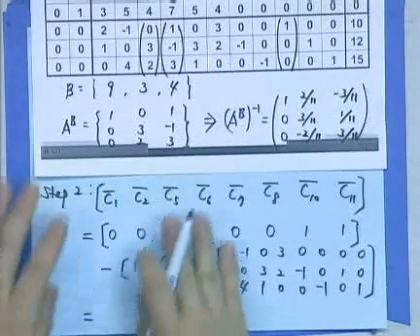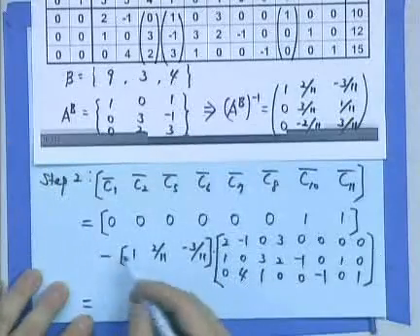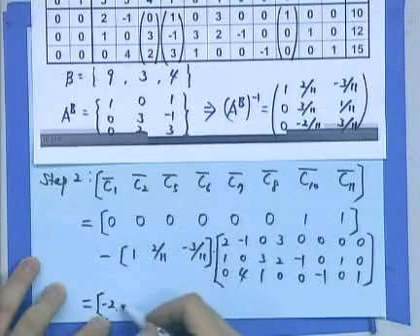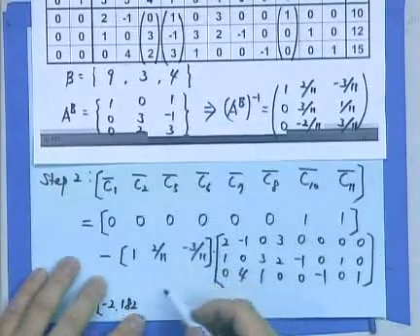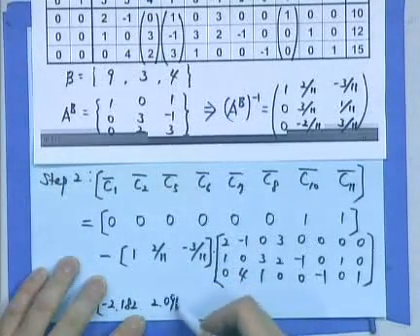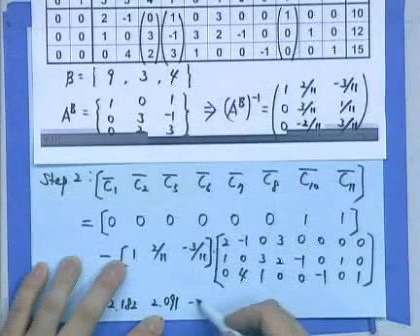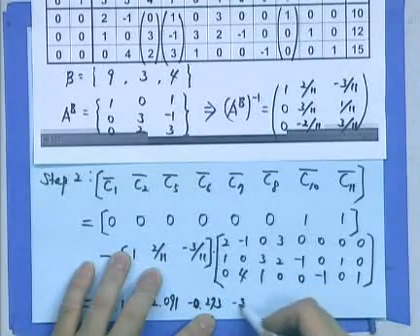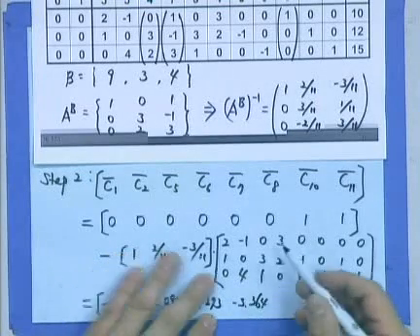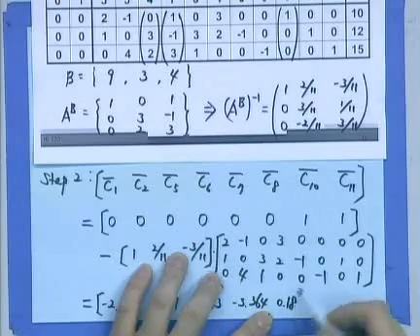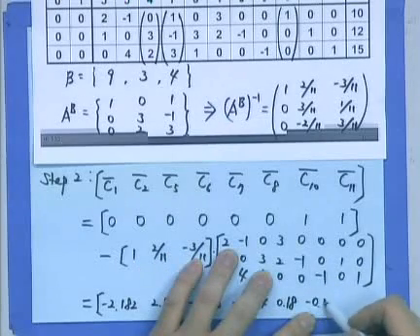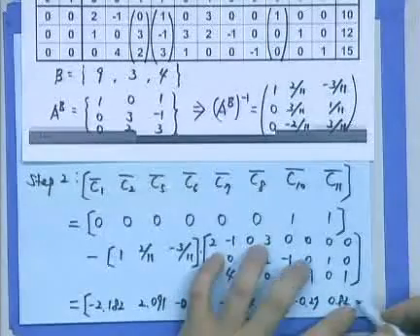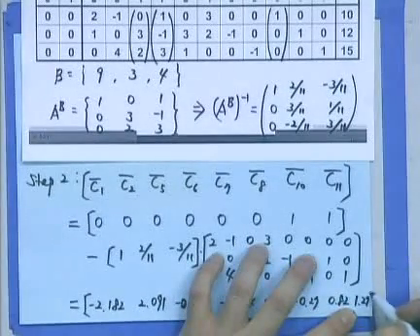And according to my calculation, these values are negative 2.182, 2.091, negative 0.273, negative 3.364, 0.18, negative 0.27, 0.82, 1.27.